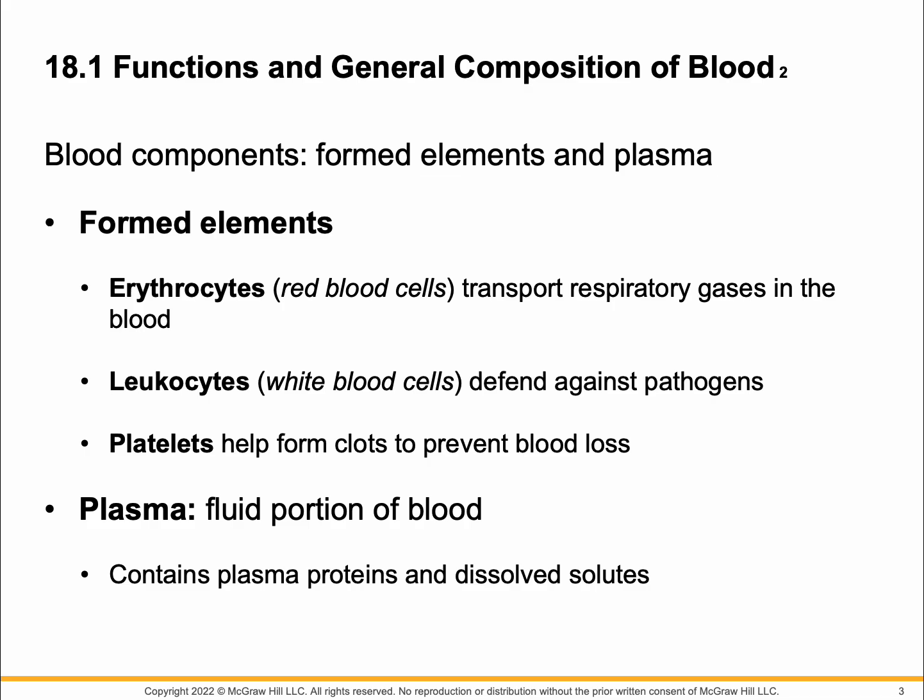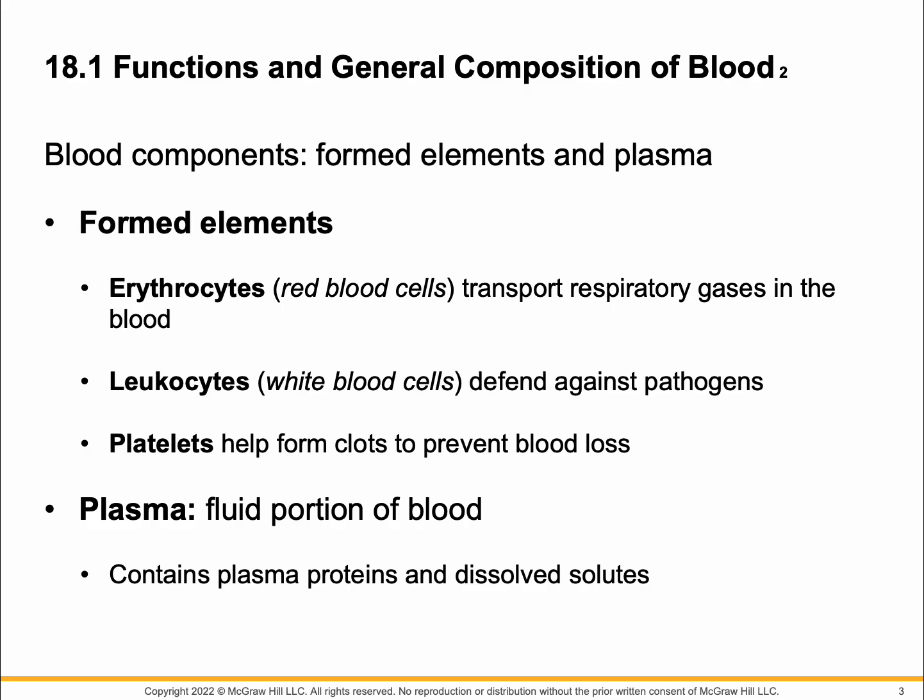So erythrocytes: erythros meaning red, cyte meaning cell, so these are our red cells. White blood cells are leukocytes, leuko meaning white, cyte meaning cell, these are our white cells. And platelets, you may also see called thrombocytes. The prefix thrombo means clot, so a thrombus is a clot. So thrombocytes are clot cells, right? And we'll look at these in more detail individually later.